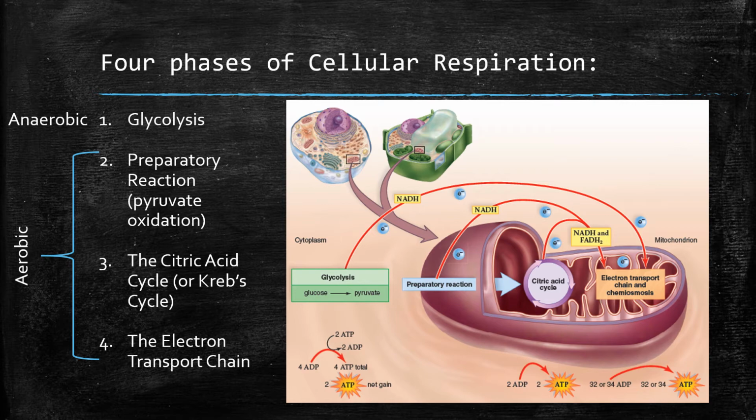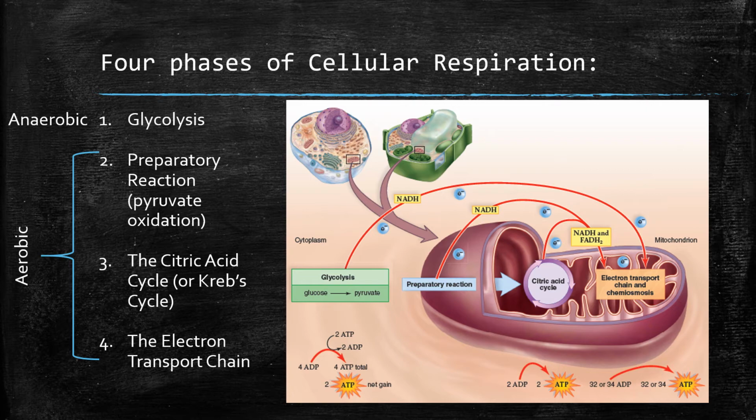Aerobic reaction just means that they require oxygen. So the second step is what we call the preparatory reaction, or pyruvate oxidation. The third is the citric acid cycle, or what we call Krebs cycle. And then the fourth is the electron transport chain that we've talked about in relation to photosynthesis as well.